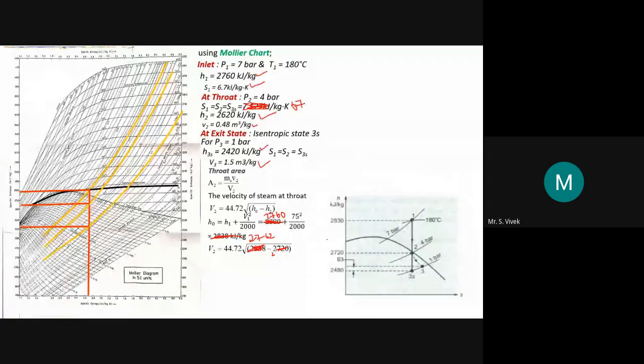H1 is equal to 2760 minus 2762. Answer correct ah varudha? Velocity value enna varudhu? 292.6. 292 varudhu. Okay, this is 292 meter per second velocity V2.